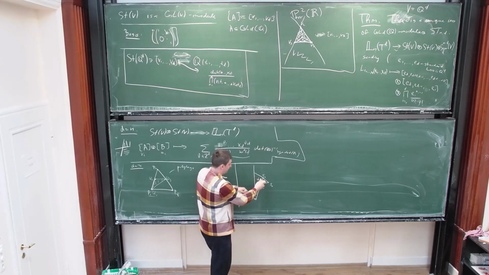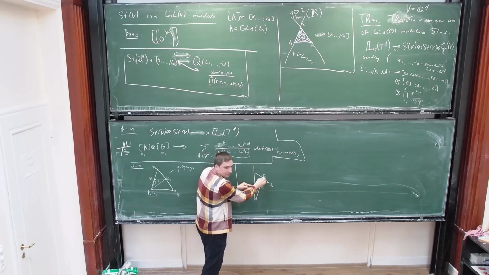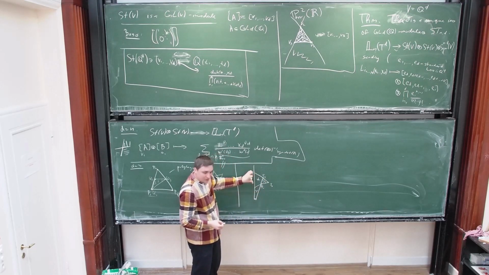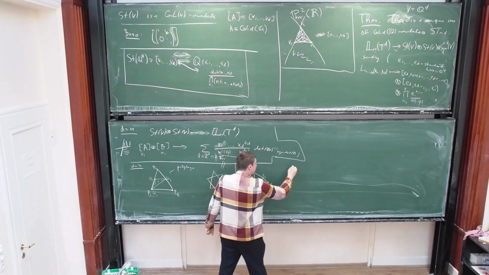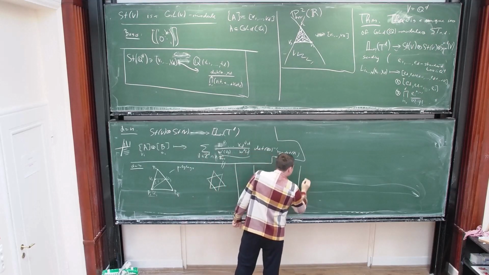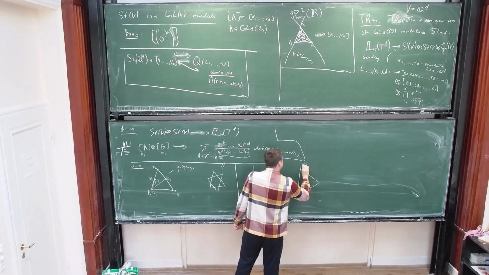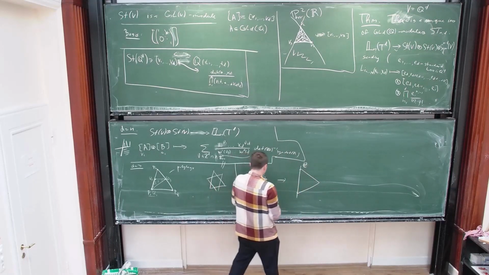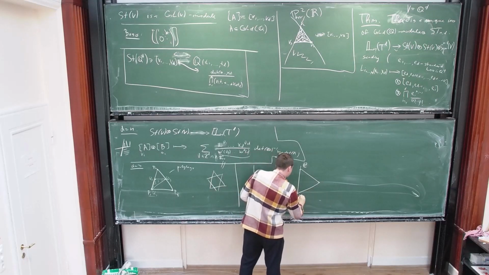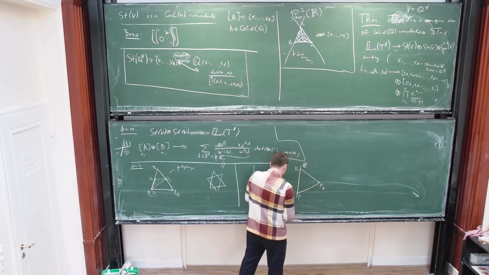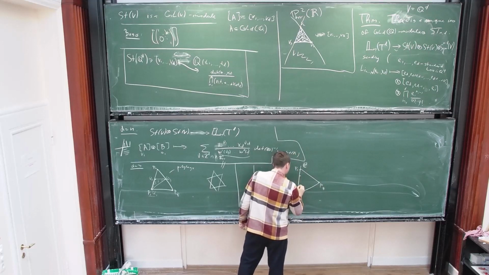You take the three triangles formed by 2 points on the line and 1 point in the triangle, and then you can write any triangle as a combination of these more special ones. So you reduce to a picture where you have a line L here, and you have one triangle which is the P triangle, and the other triangle.